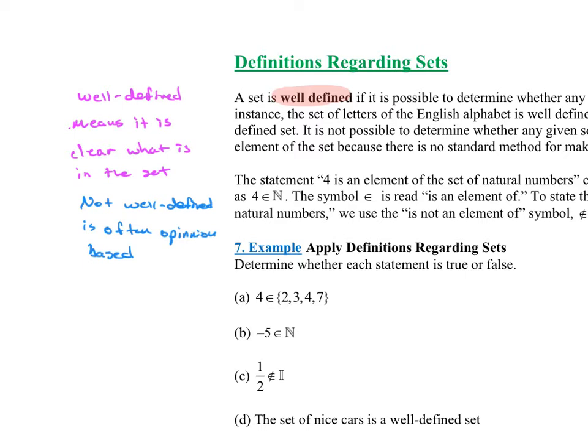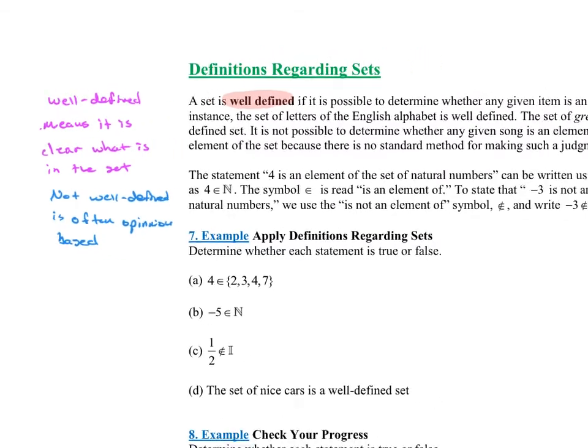The set of best movies, the set of best presidents of the United States, anything that is open to interpretation. If it is open to interpretation, it is not well defined. If it is extremely clear, natural numbers less than 4, that is called a well-defined set. It is clear what is in there or not.